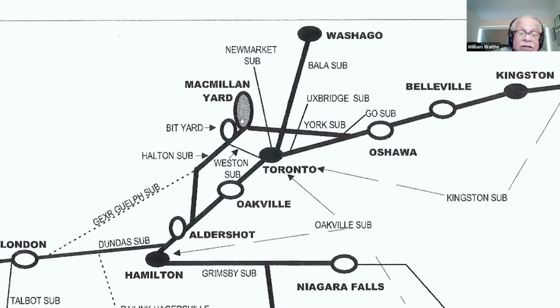The Macmillan Yard, which at one point was the largest classification yard in Canada, is now second to the Symington Yard in Winnipeg. There is a section of the Halton sub and the Weston sub here, and I'm modeling the 12 miles of this section, which is where the industries are located.